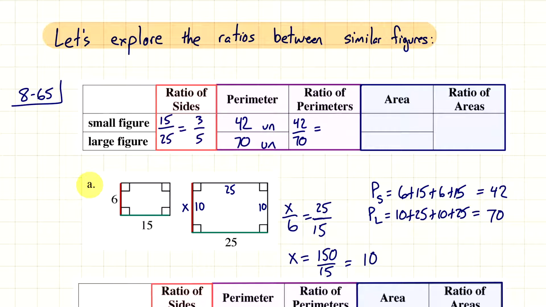Well, if I look at this, I notice I have a 42 and I have a 70. I always happen to remember 6 times 7 is 42. So I'm just going to do a little bit of side work here. So I know 6 times 7 happens to be equal to 42.